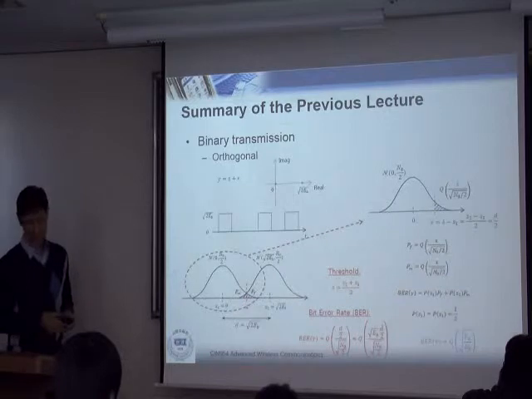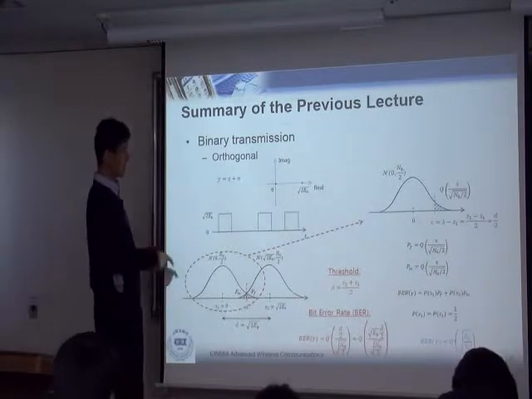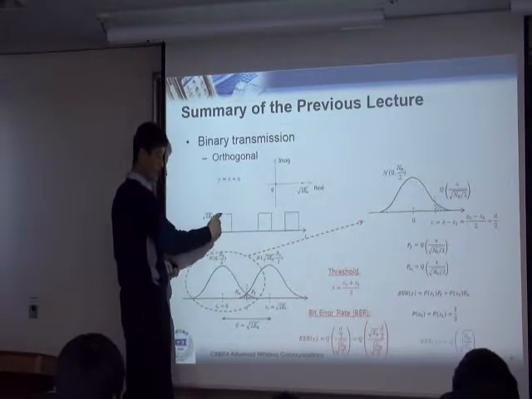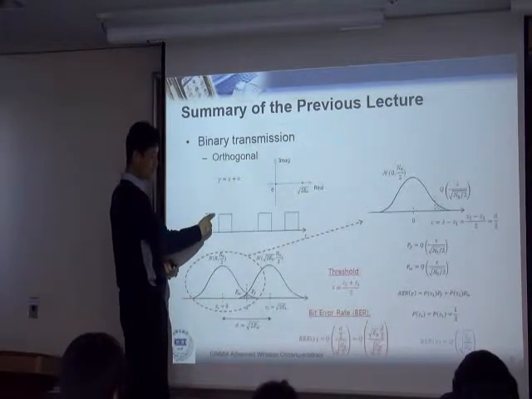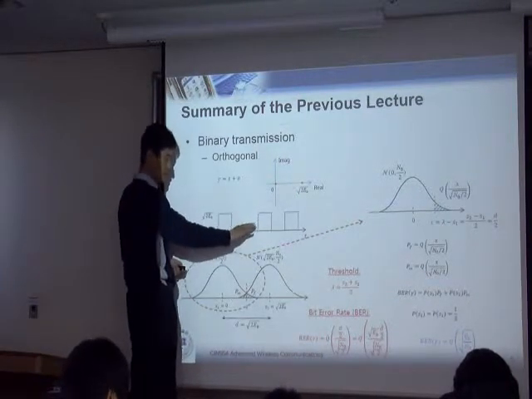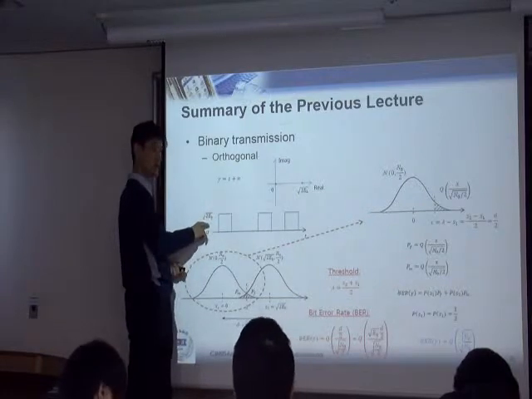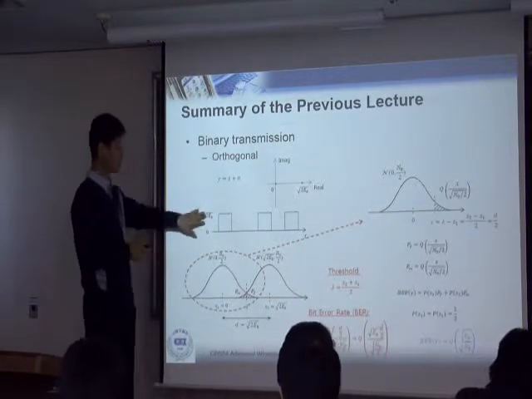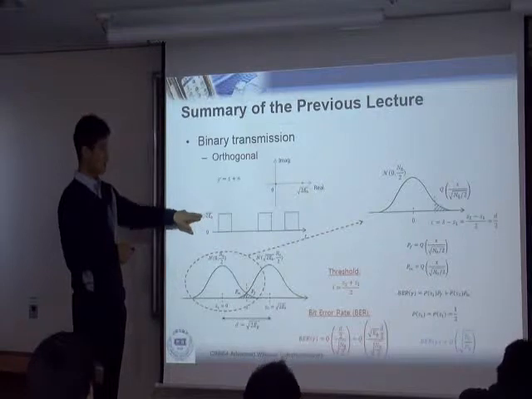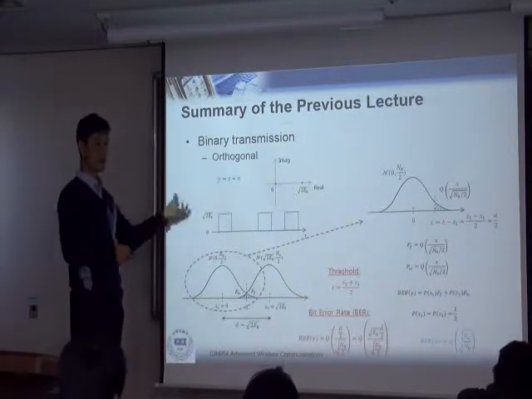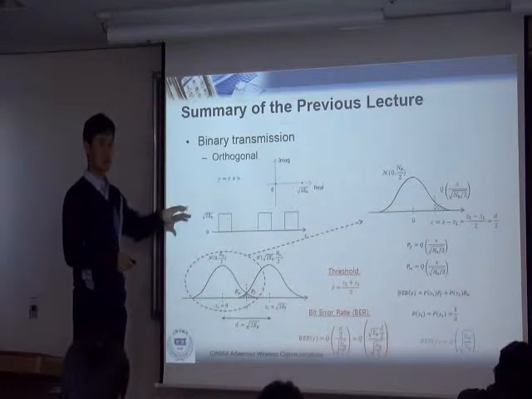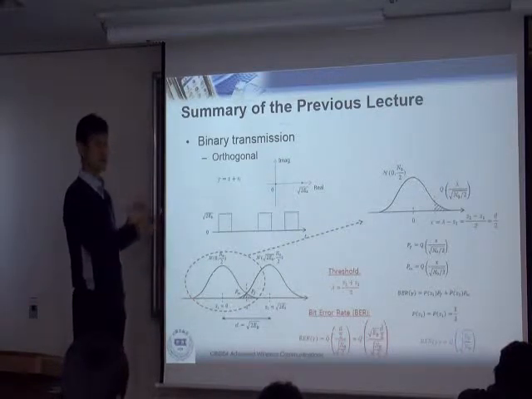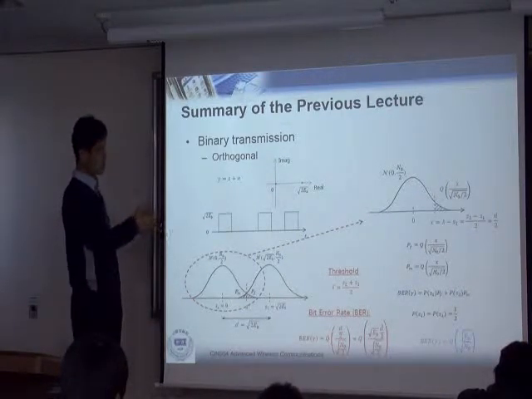And if you go to the next one, the orthogonal case, you have some energy like on-off. Therefore, you square that and average it out, then it's going to be again EB. That's why I put it this way. In order to make a fair comparison, you want to make sure that the average energy is the same. That's why I introduced you to these two things.